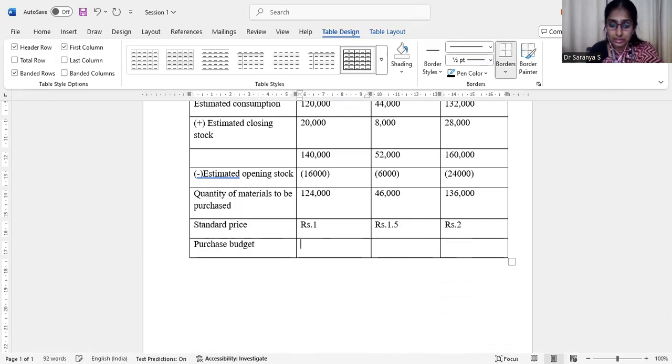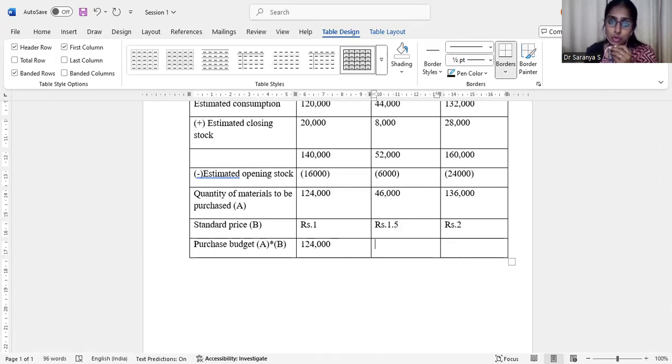If we keep the quantity as A and the standard price as B, then the budget for purchase will be A into B. Quantity of materials to be purchased is 1,24,000. Standard price per unit is rupees 1. So it will be 1,24,000.